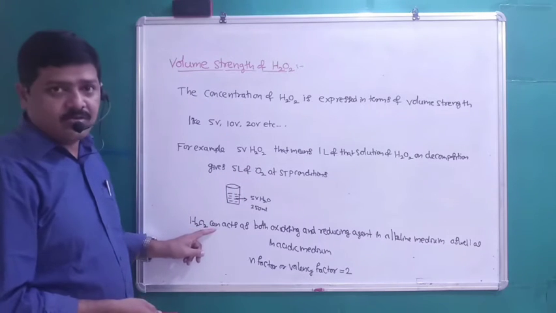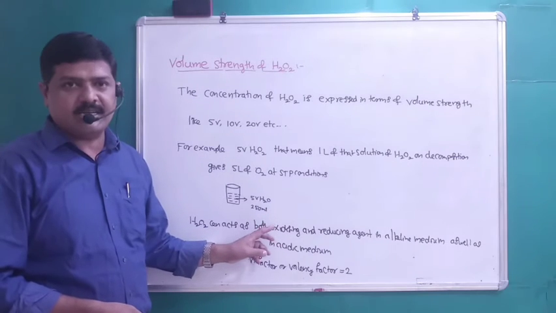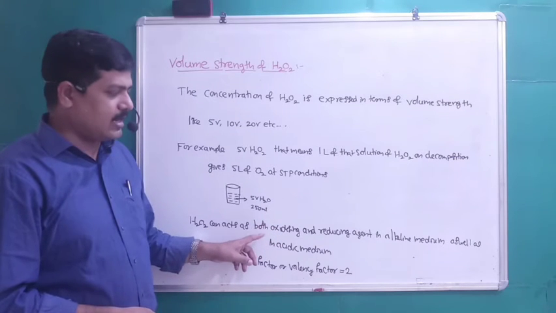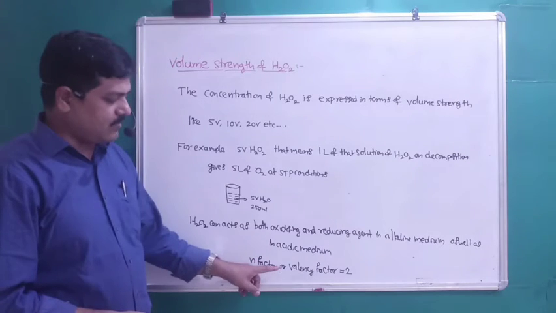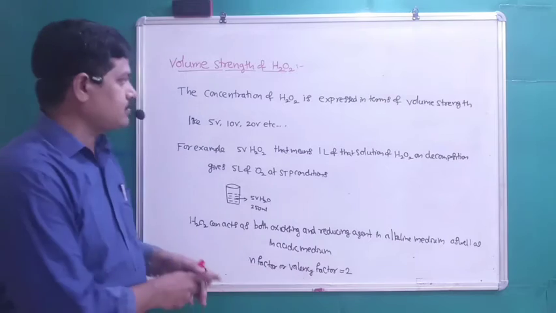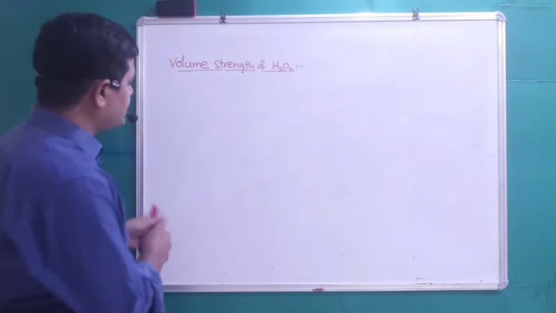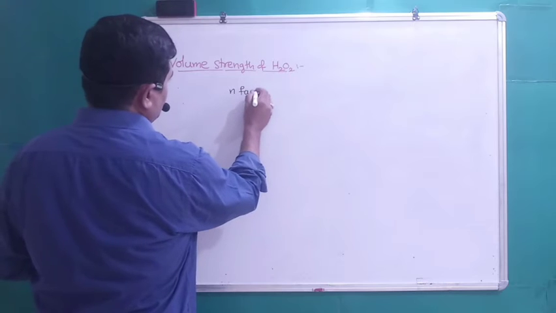And H2O2 can act as both oxidizing as well as reducing agent in both mediums, alkaline as well as acidic medium. N factor or valency factor for H2O2 is 2. Dear students, N factor of H2O2 is 2.